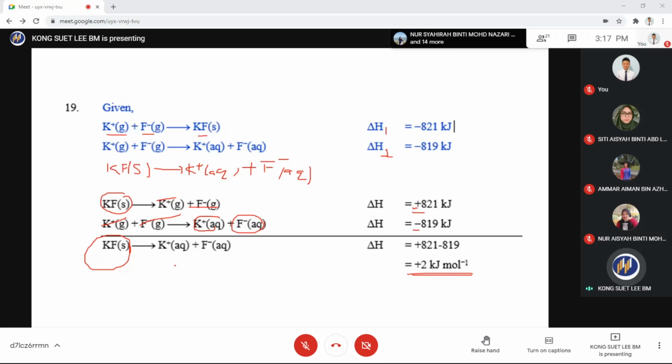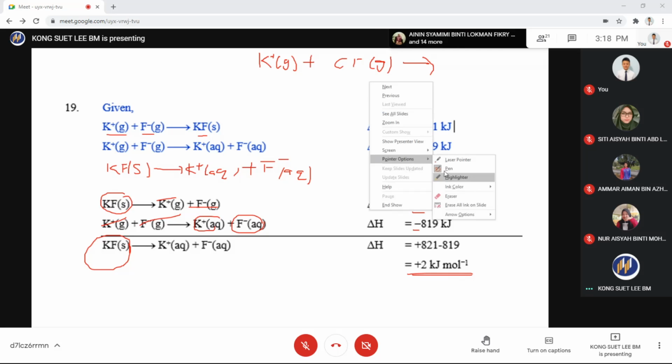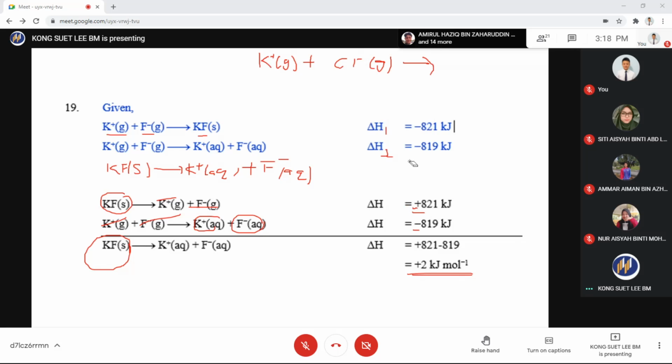Okay, if I want to use the energy cycle method, can or cannot? Can, no problem. But you have to stick to the definition. I will start with lattice first. K positive gas plus F negative gas, and then form, oh, not Cl, sorry, it's F. I'm showing two methods.